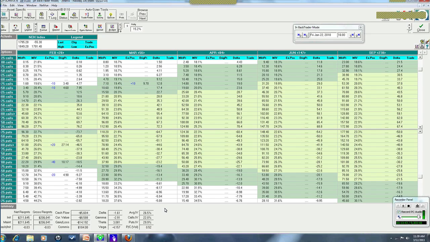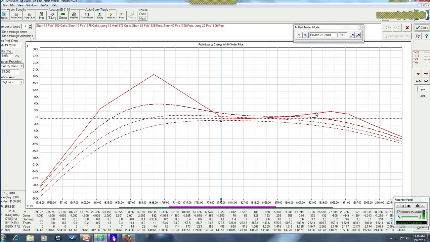So what you added was a ratio spread, the 1800, 1700, and it looks like you added to your 1625. I added, shorted 10 more of those. And then you also seem to have bought 10 calls on that side. Now, what was that about?